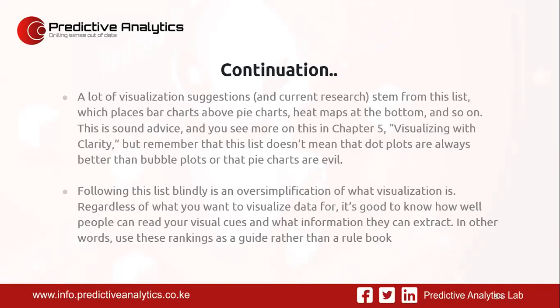Following this list blindly is an oversimplification of what the visualization is. Regardless of what you want to visualize data for, it's good to know how well people can read your visual cues and what information they can extract. So in other words, use these rankings as a guide rather than a rule book.